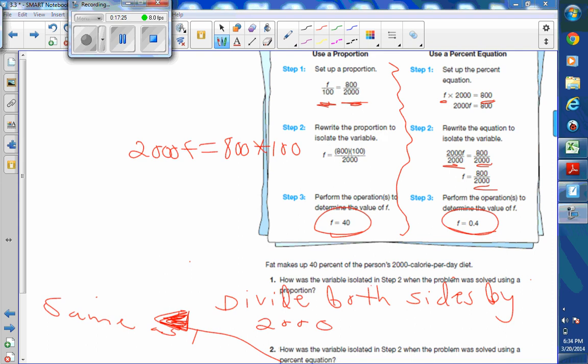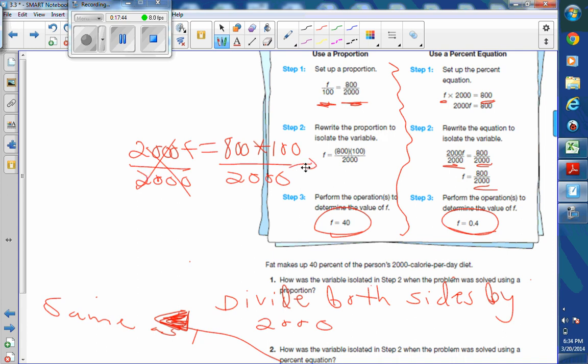Okay, so hopefully you recognize that on the proportion, if you did your cross multiplying, you would get 2,000 F equals 800, and you would actually have to divide both sides by 2,000 to get F by itself. That's what you get over here.